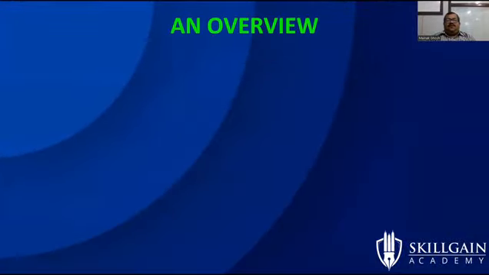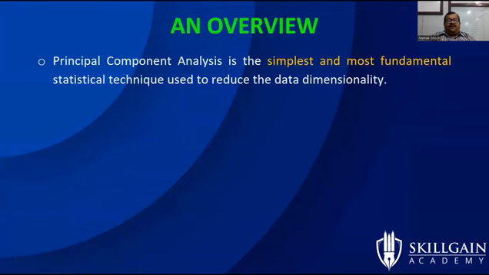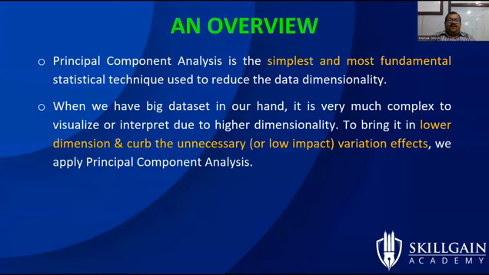Let us see the theoretical background of that. So this is the overview of principal component analysis. It is the simplest and most fundamental statistical technique used to reduce data dimensionality. When it is required, as we have already mentioned, to bring the data to a lower dimension and curb the unnecessary or low impacting variation effects, we apply this technique called principal component analysis.